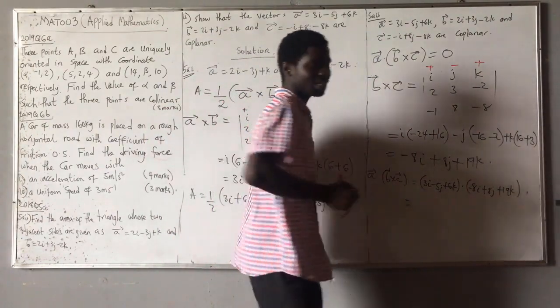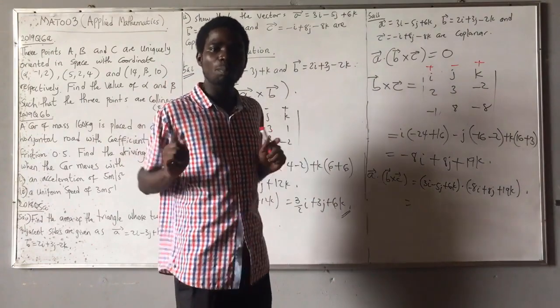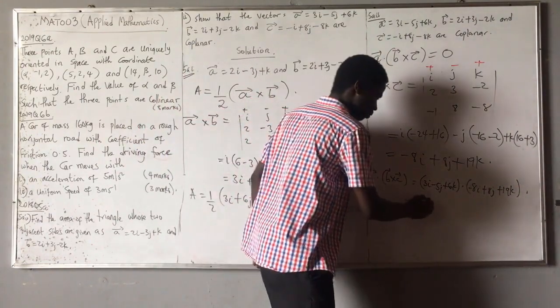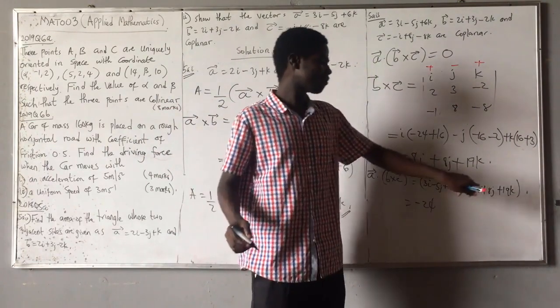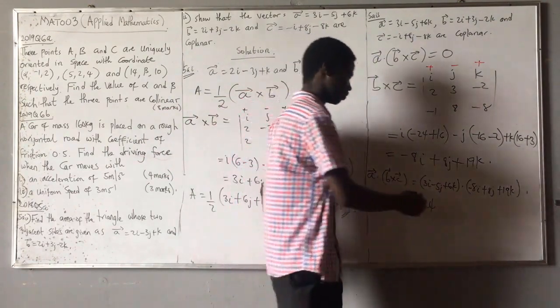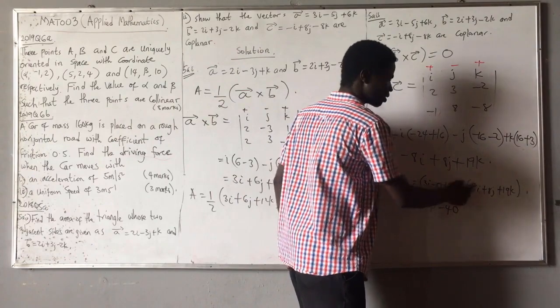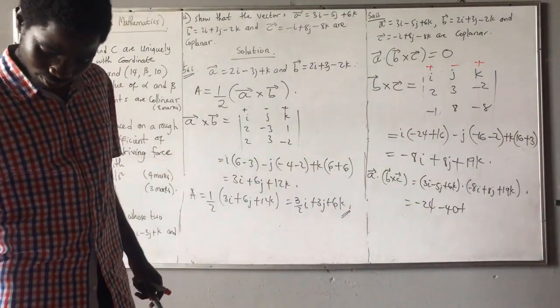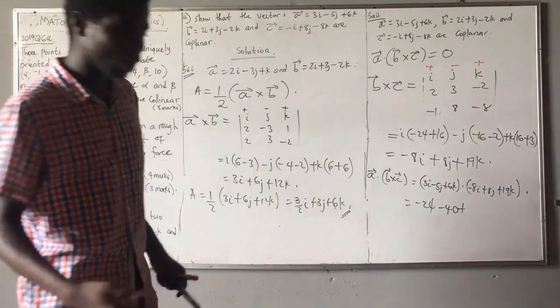Now you multiply component-wise. 3 times minus 8 is minus 24. Minus 5 times 8 is minus 40. 6 times 19, 6 multiplied by 19 will give me what? The answer is 114.